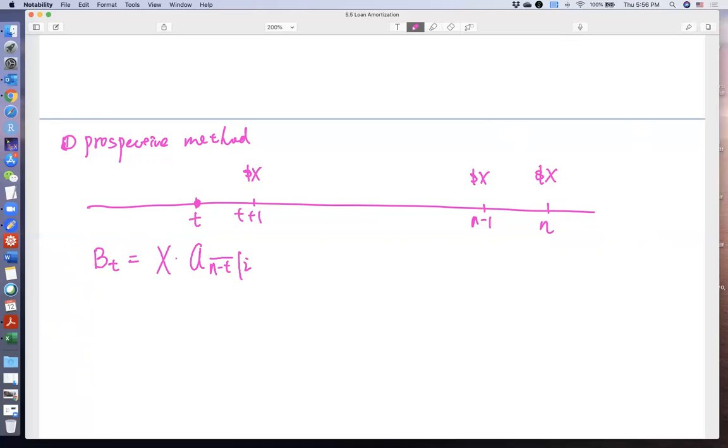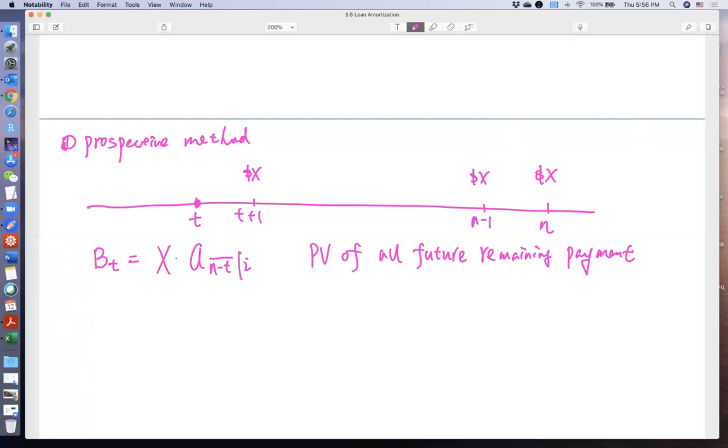So whatever the outstanding balance at this time would be, it is the present value of all future remaining payments. So that's why this method is called prospective.